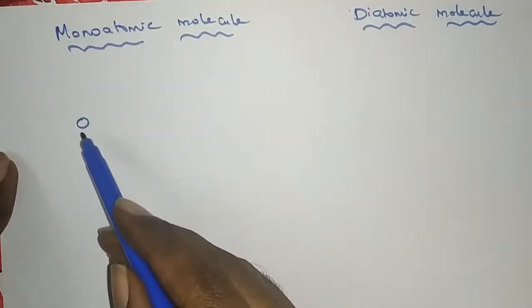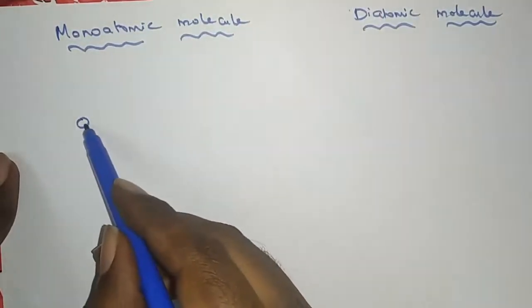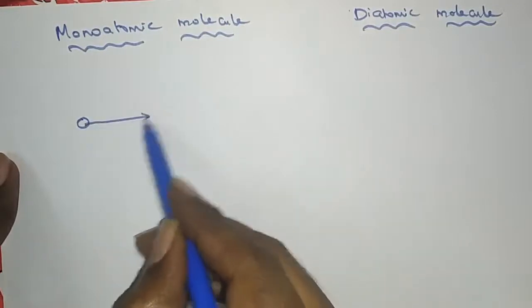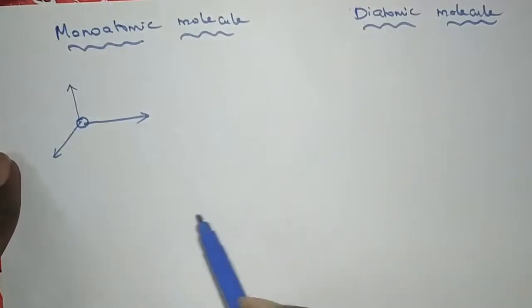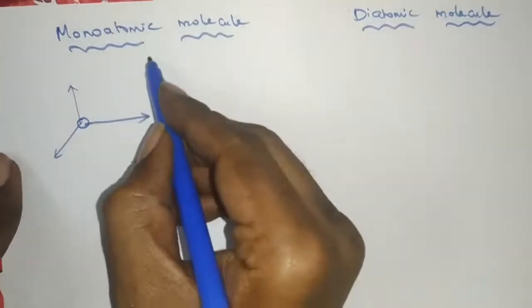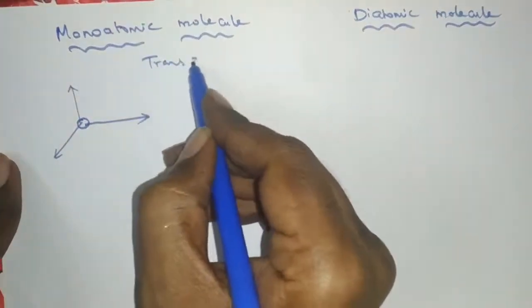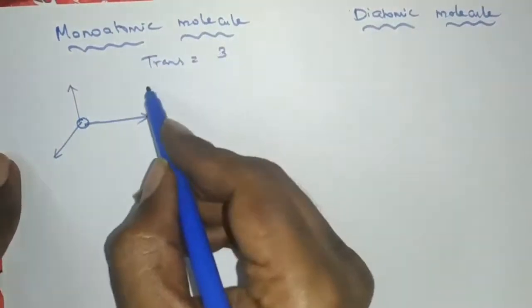Here it's just an atom, and this atom as a whole can move along the x-axis, the y-axis, and the z-axis. So this is the translational motion. The molecule as a whole has to move from one point in space to another point. Therefore, the translational degrees of freedom is 3.